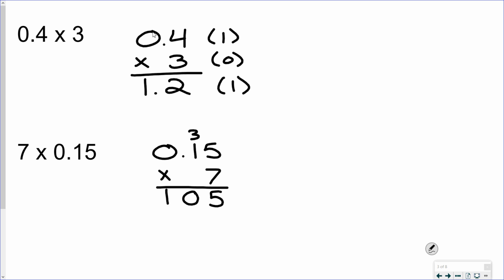And since my next digit over is a 0, I can just bring that 1 straight down. 15/100 has 2 digits after the decimal point. 7 has none, so my answer needs a total of 2, and my decimal point would go right there between the 1 and the 0, so my answer here is 1 and 5/100.